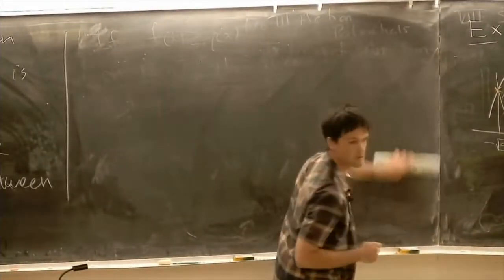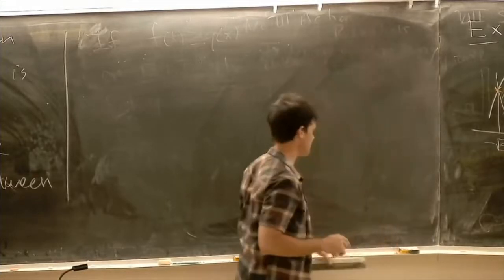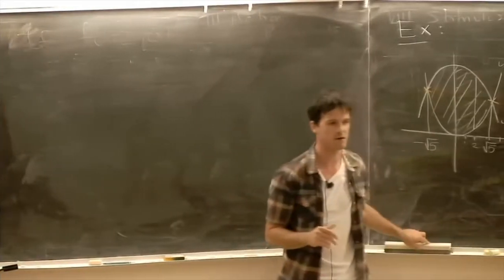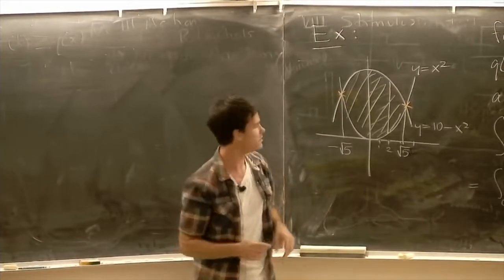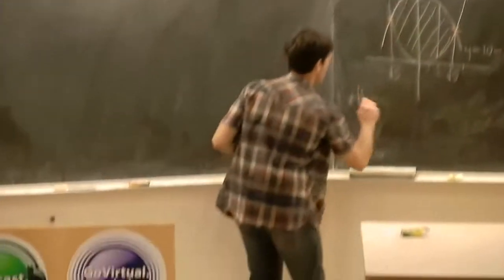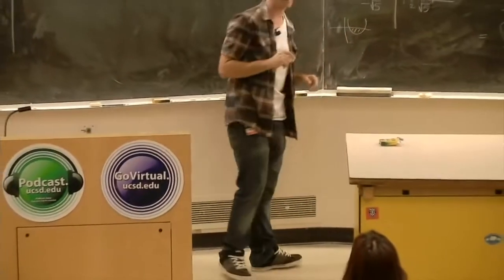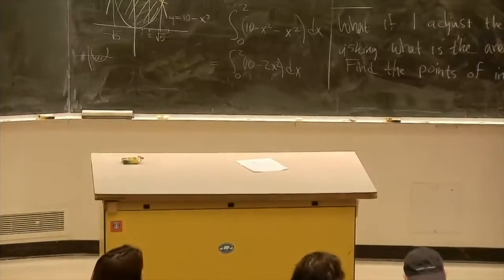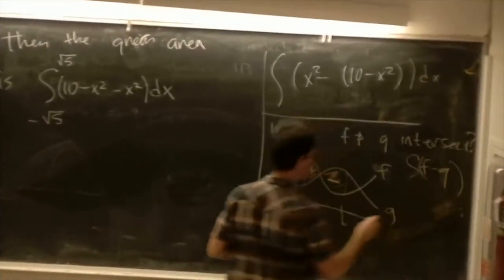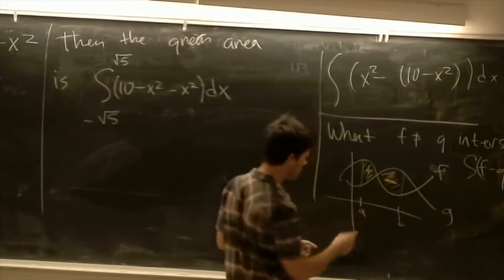What do you mean by signed? Like positive and negative? Yeah, when I say signed area, that means we're also allowing area to be negative, which is the case when it's below the x-axis. Like in this example, if I integrated f minus g, I'd get some negative area.